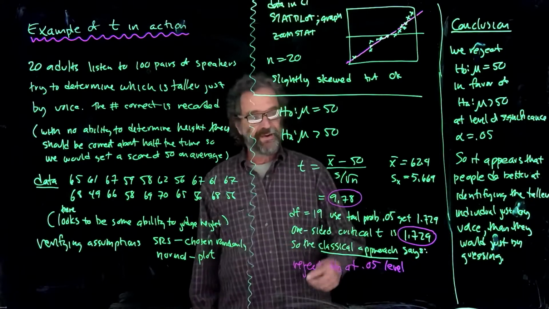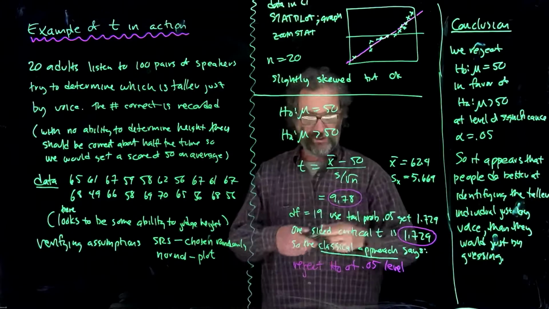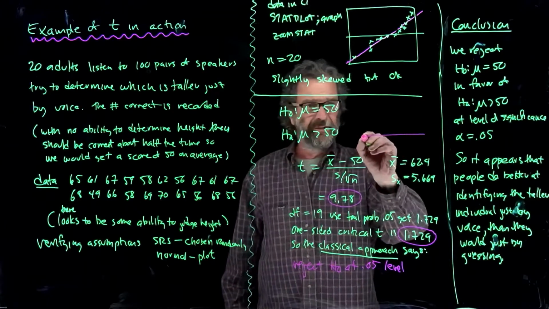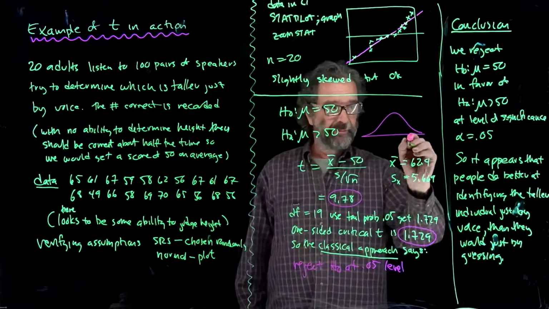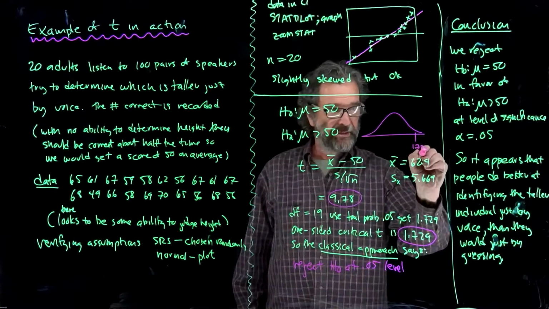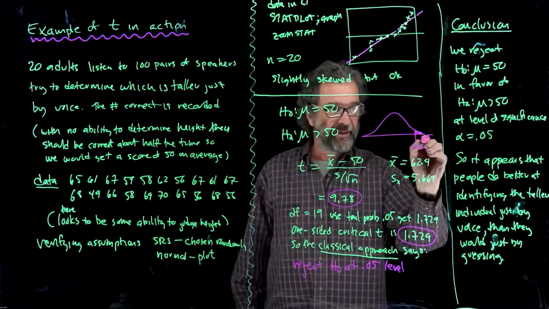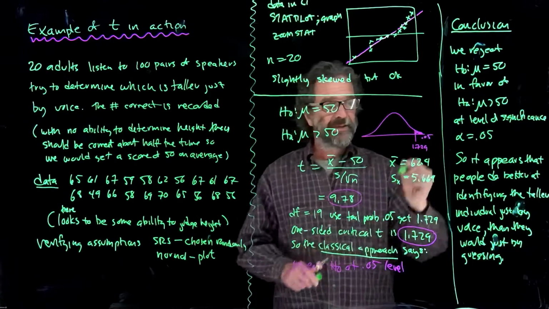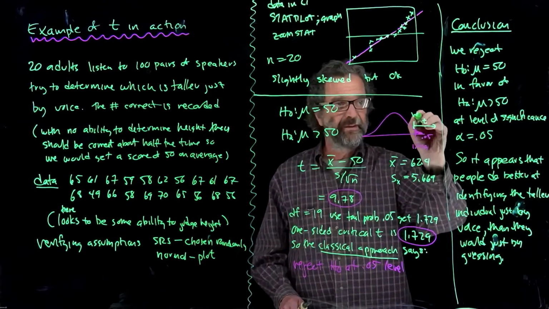We anticipate the p-value to be quite tiny because this is quite a big value for t. So what's happening there is, here's t like this, and 1.729 is up there. Here's that small tail probability, 0.05. And so all we need to reject the null hypothesis is for the computed t-value to fall in there.